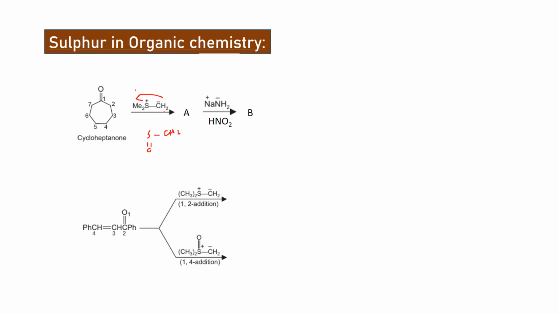So whenever you add this type of sulfonium ylide to a ketone, what happens? Usually there is a formation of an epoxide from this ketone. So what will be our A? The reaction goes this way.